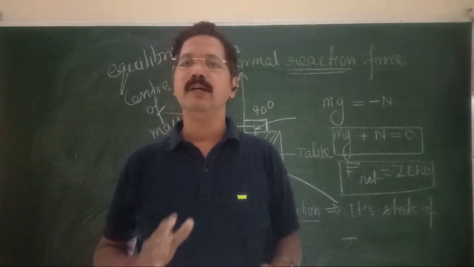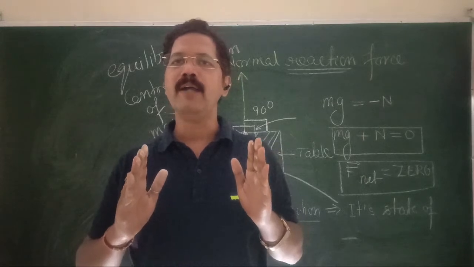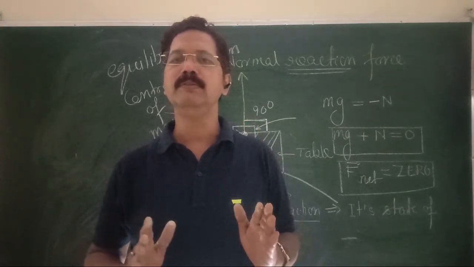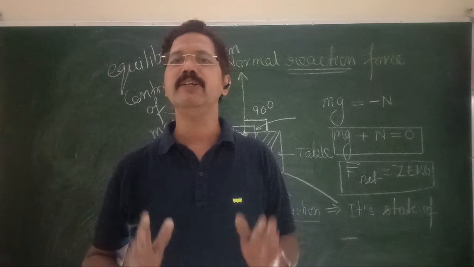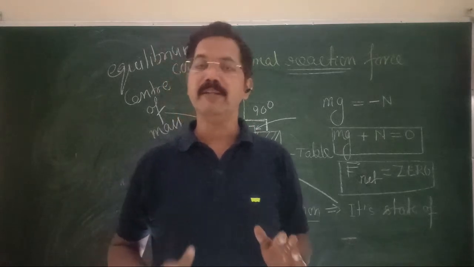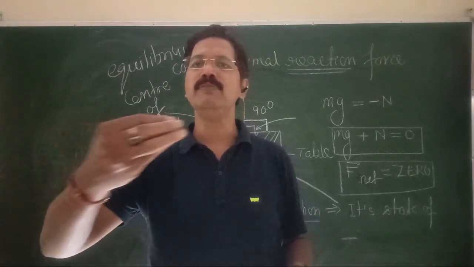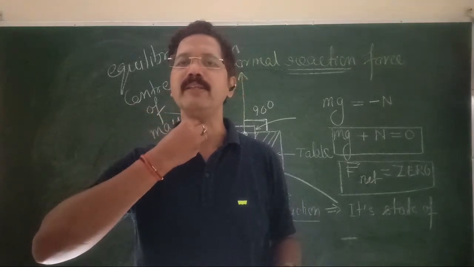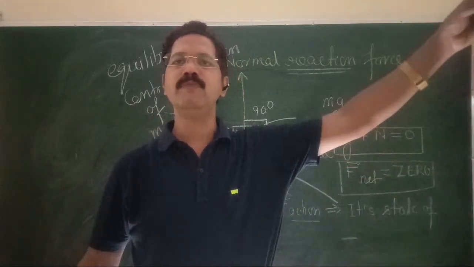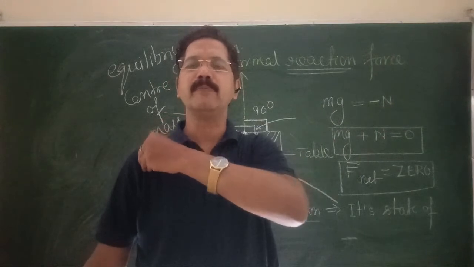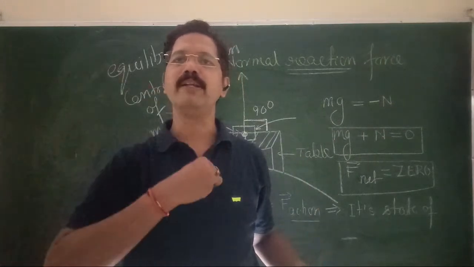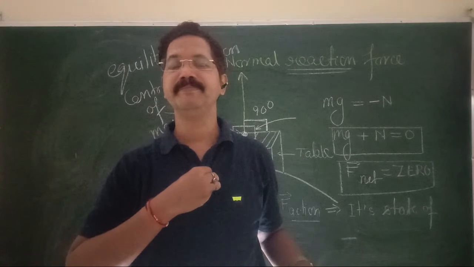So I am able to maintain the system of equilibrium. Again, some force of air is acting on this part of my body, some electric force is acting on this part. Many forces are acting on my body.